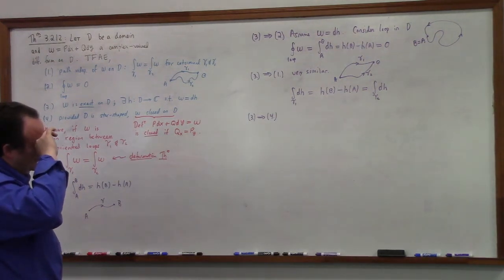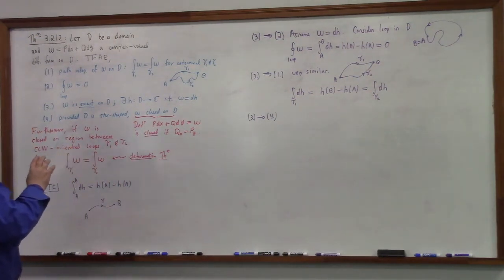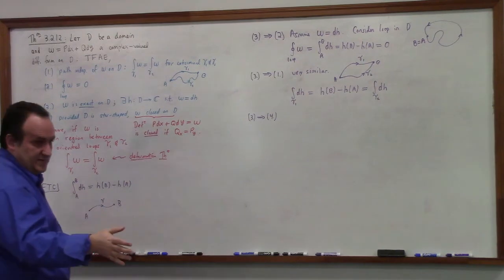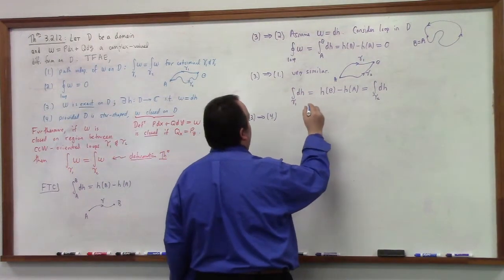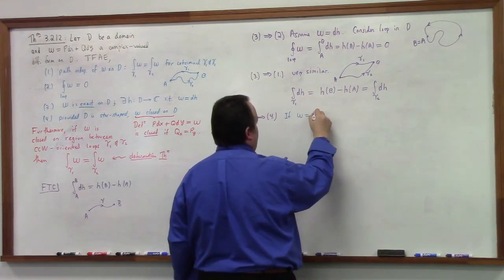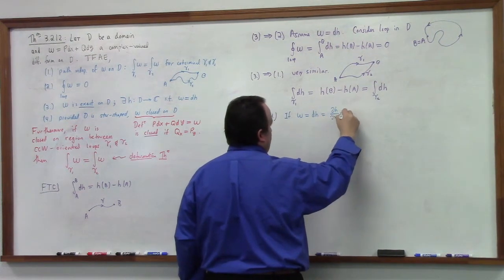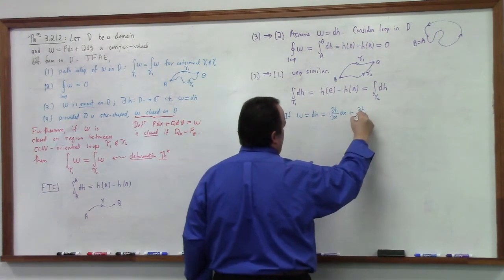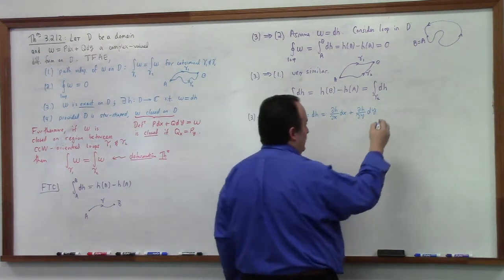But okay, 3 implies 4. In other words, prove exact implies closed. So if omega is exact, if omega is equal to dh, remember dh is partial h partial x dx plus partial h partial y dy, by the definition of differential.